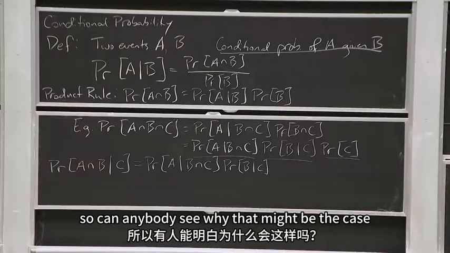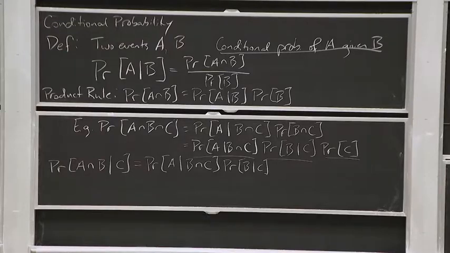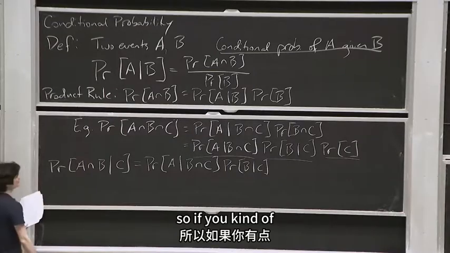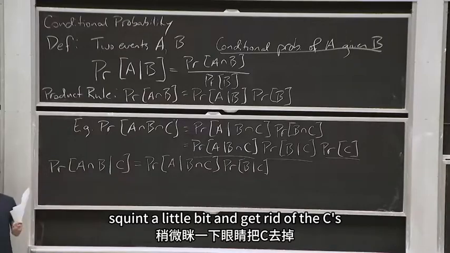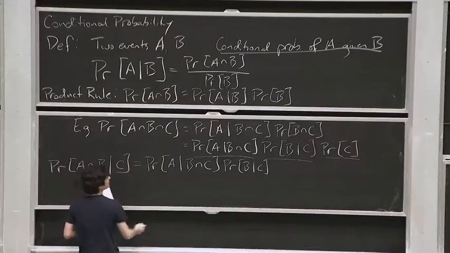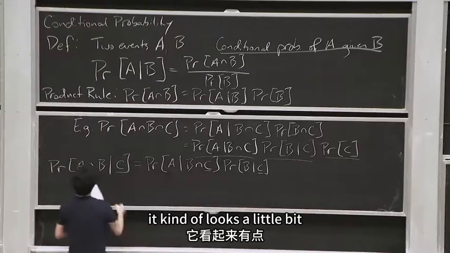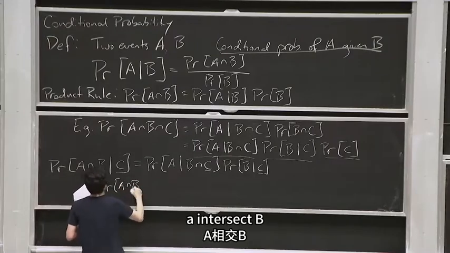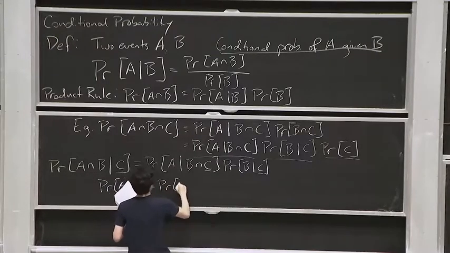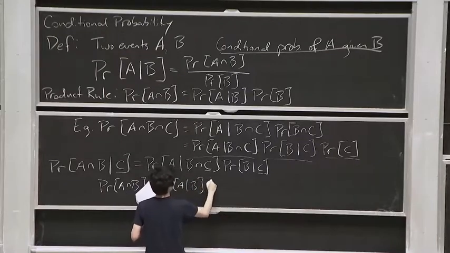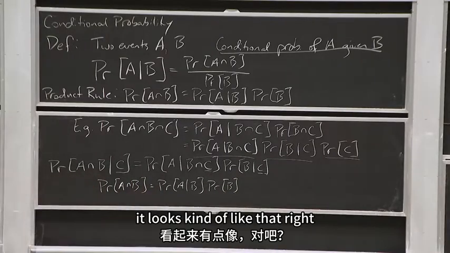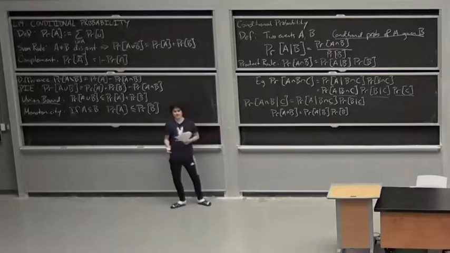So can anybody see why that might be the case? Well, first, maybe we should look at what exactly it is saying. If you squint a little bit and get rid of the C's, it looks a little bit like the product rule: A intersect B is probability of A given B times probability of B. But we've added a bunch of C's everywhere.